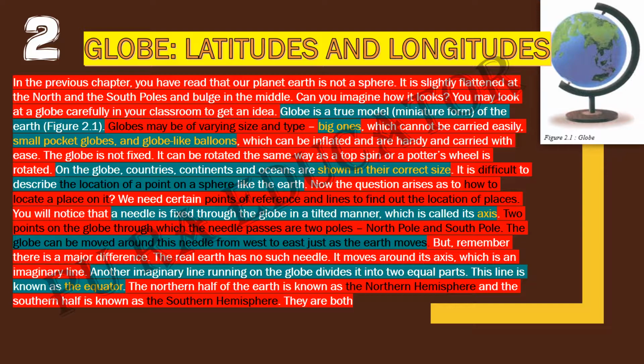For locating any place on the globe, we need some point of reference or lines to locate that place, because the globe is round in shape. There is no edge. If it were rectangular or triangular in shape, it would have been easier for us to locate any place. But when it is round and no center point is present, it will be very difficult for us to place it.